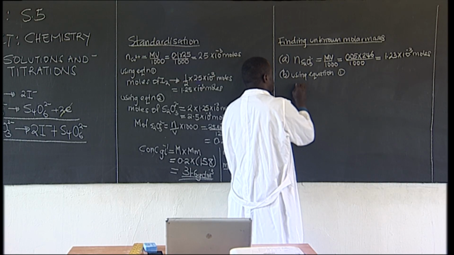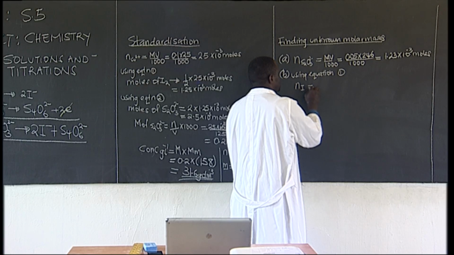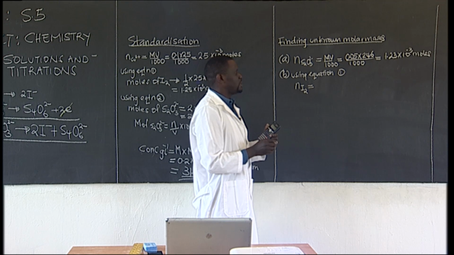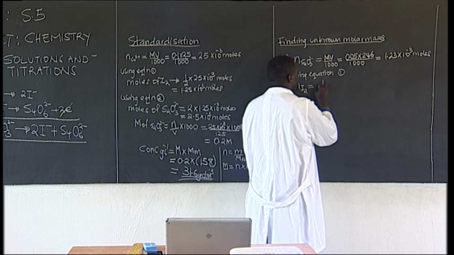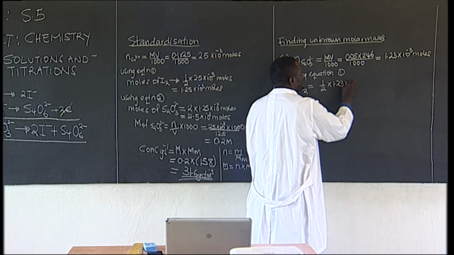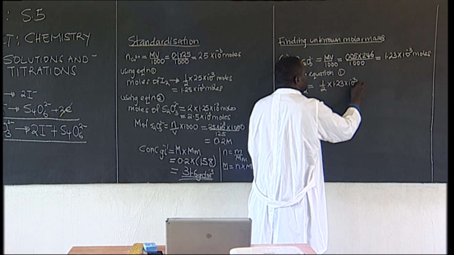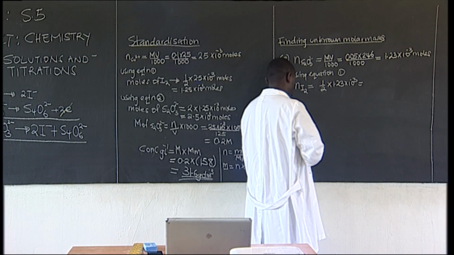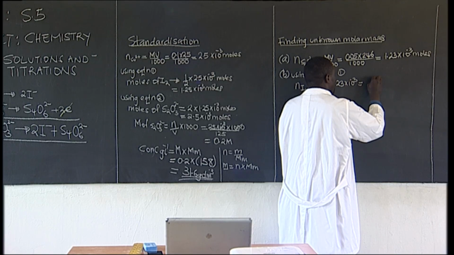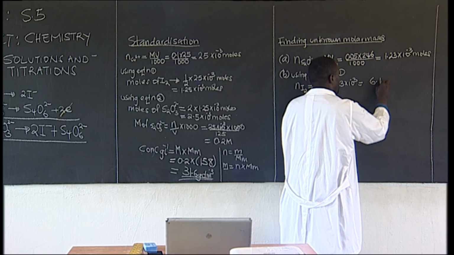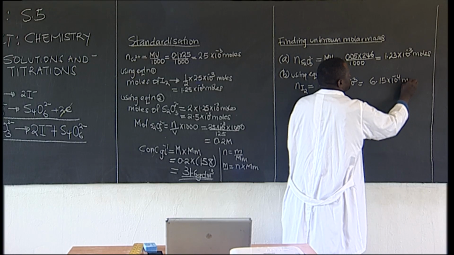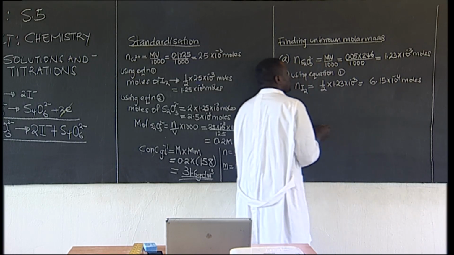If you want to get the moles of iodine, we are going to say 1/2 times 1.23 times 10 to the power -3. So we're going to divide by 2, and we shall have 6.15 times 10 to the power -4 moles.